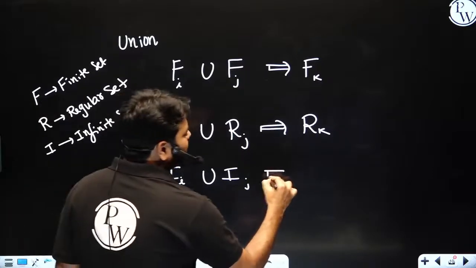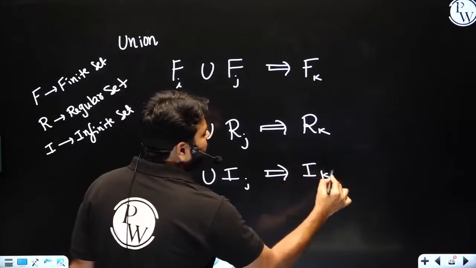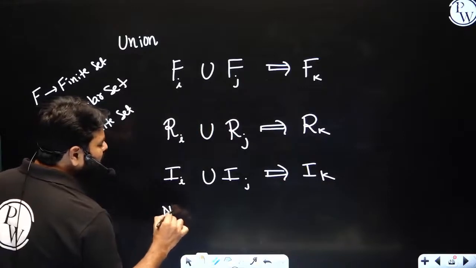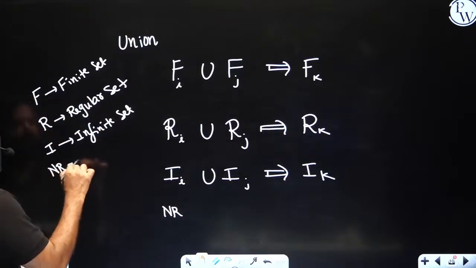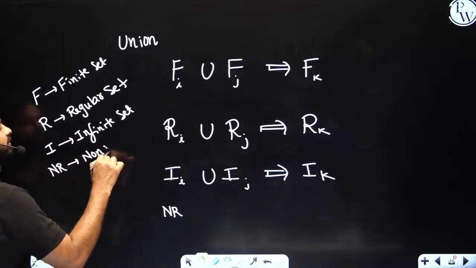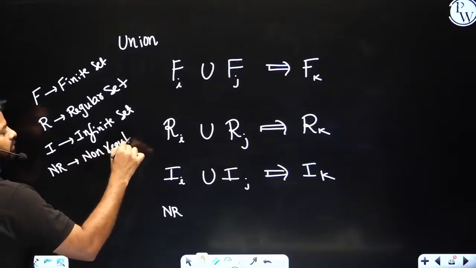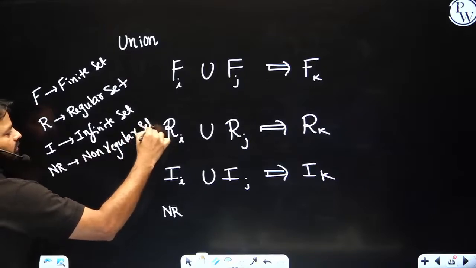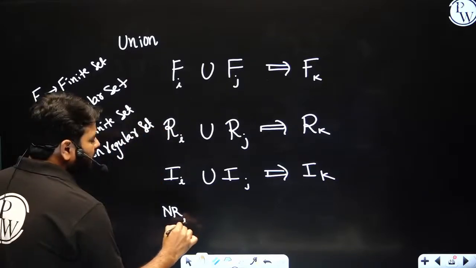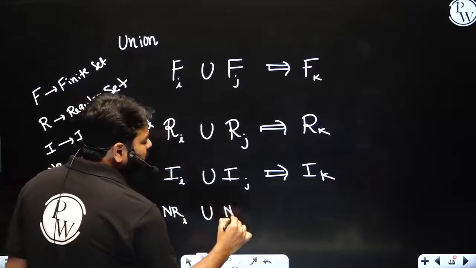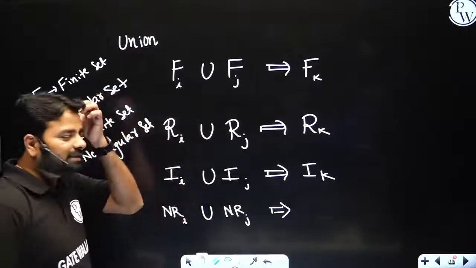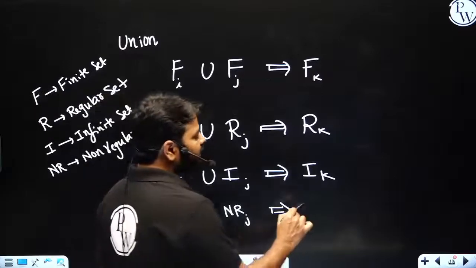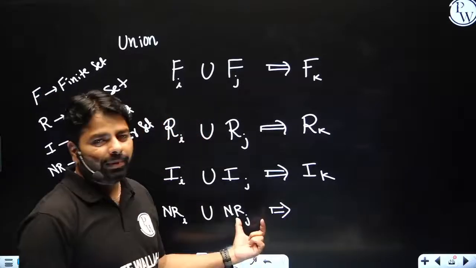The result is infinite. But when I take NR, NR represents non-regular language. Some NR union some NR, the result is very difficult to say, but definitely it is infinite. But here the result is a question mark. It need not be NR.